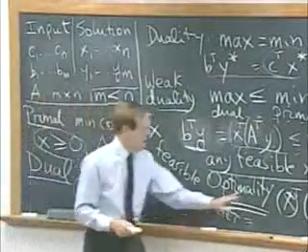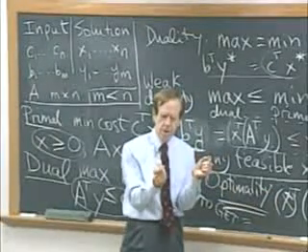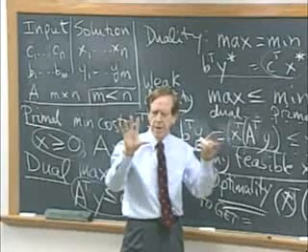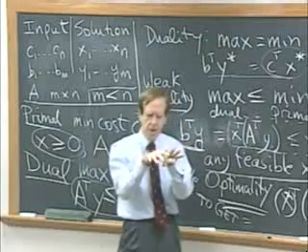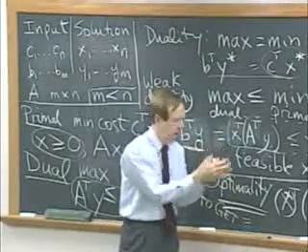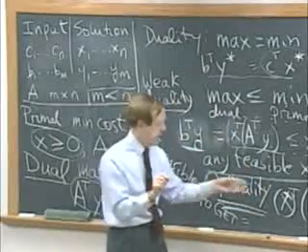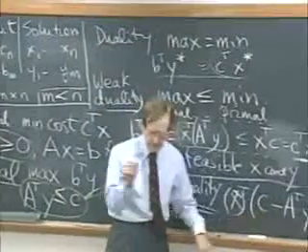So, when could two non-negative vectors be orthogonal? There's some sort of a complementary condition. If a particular component of x is actually positive, then the ith component of this guy has to be 0.